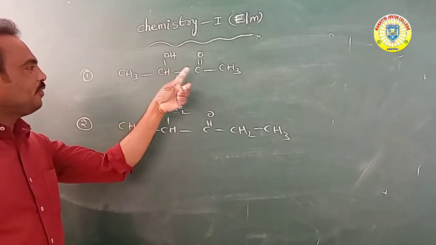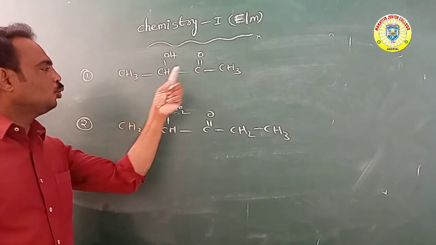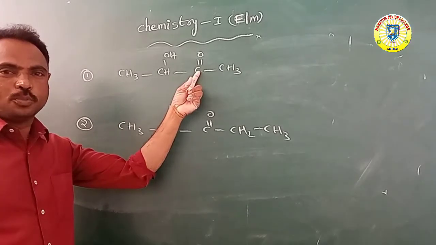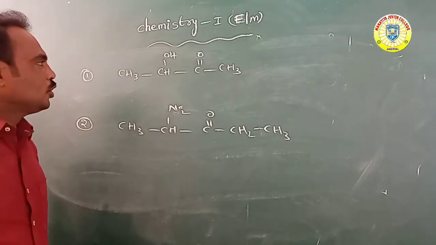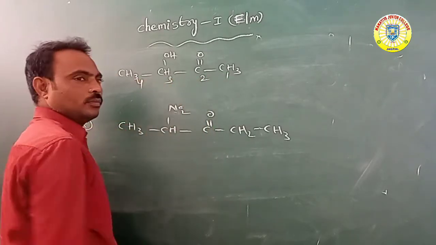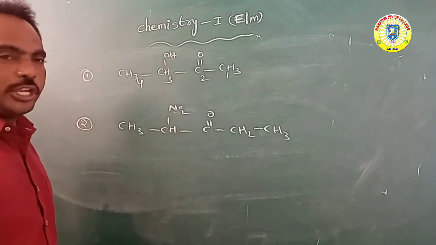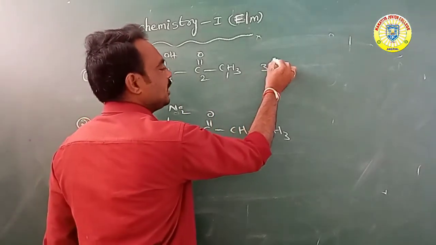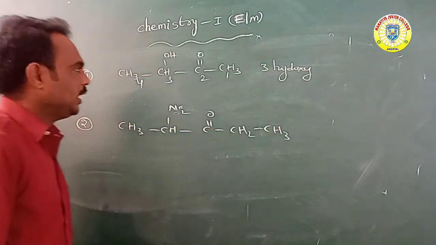So we give the preference to the ketone functional group side. 1, 2, 3, third carbon ketone functional group; 1, 2, second carbon ketone functional group. So that time we write 1, 2, 3, 4. The third carbon is attached with the OH group, so we write 3-hydroxy.